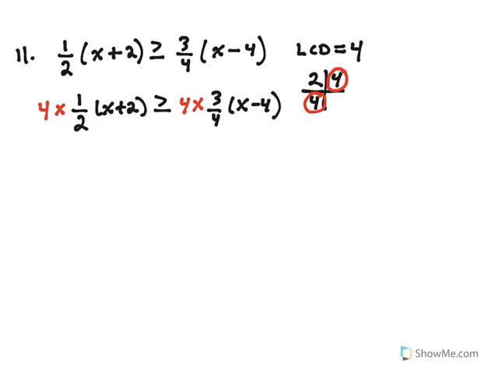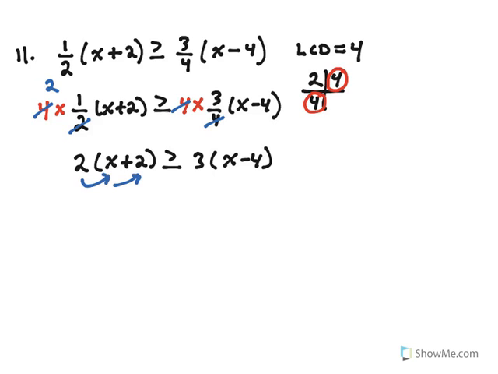And you notice that 2 cancels, 4 divided by 2 is 2. And then we do 2 times 1, which is just 2. Notice the 4's both cancel, and you're left with 3. So that's going to be 3 times x minus 4. And now we can use the distributive property, like we've learned, right? Because we need to get rid of parentheses.